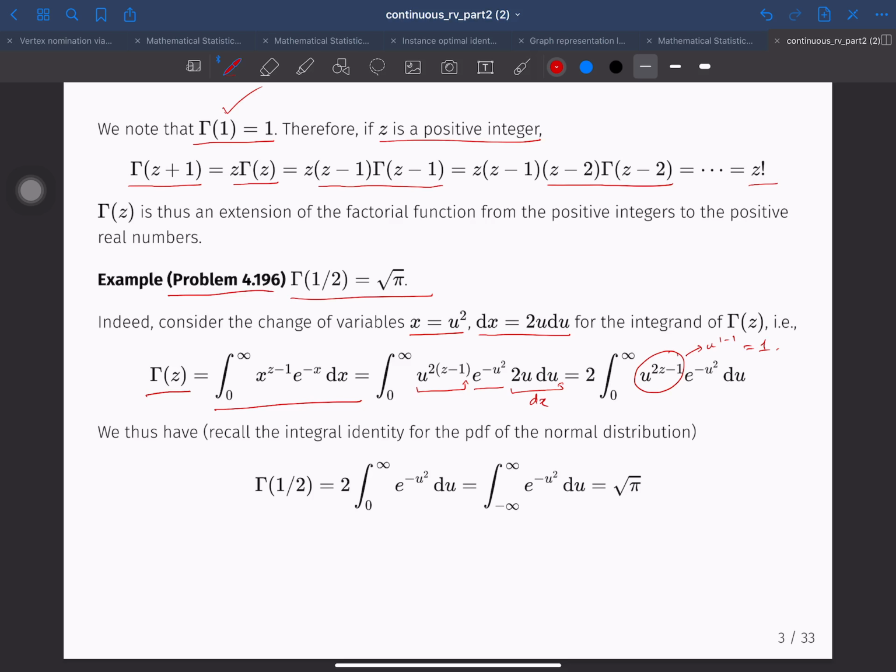And so what you have left is that gamma 1/2 is this integral. And this integral should be familiar to you, because that looks like the PDF of the normal distribution. So because it's symmetric, you can start from minus infinity to infinity. And this is nothing more than the integral of the PDF of x, which is normal with mean 0 and variance 1/2. So check this at your leisure, in which case the answer has to be equal to square root pi.